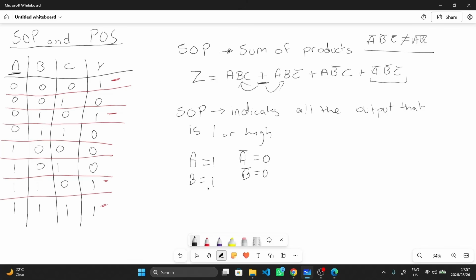The same goes for C: C is 1 and C complement is 0. Remember this, because we'll be working with it, and I'll show you why we do this.